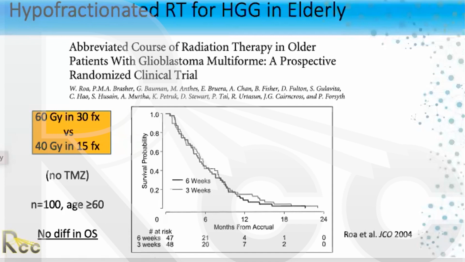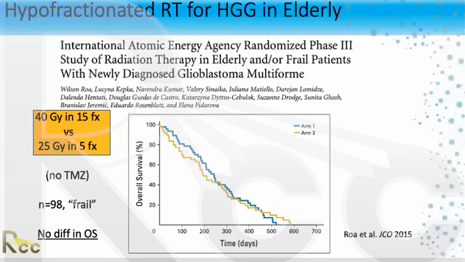So we were talking about non-inferiority of doing hypofractionation at 2.67 gray per day in the pre-Temodor era. There was an update of this. Now this is in the post-Temodor era, but these are not patients who are receiving temozolomide. And these are patients who are considered frail by either age or performance status characteristics.